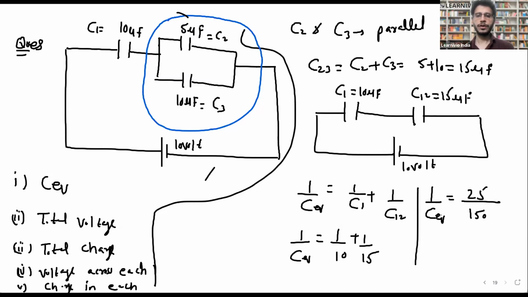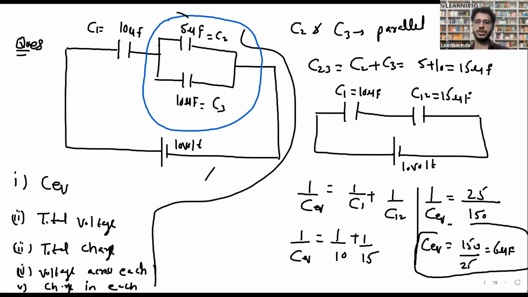So it will be 25. So you will get 150 by 25, and it comes out to be 6 microfarad. Ahmed, it's not 1 by 6, it's 6. Yes, you are right. So C equivalent is 6 microfarad.